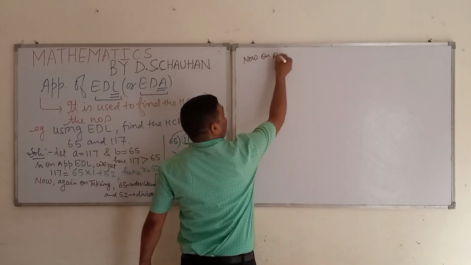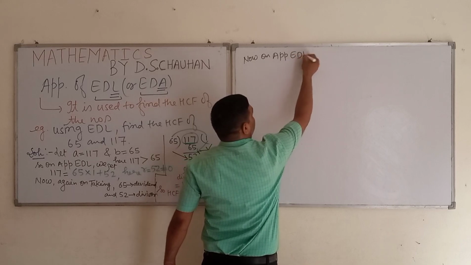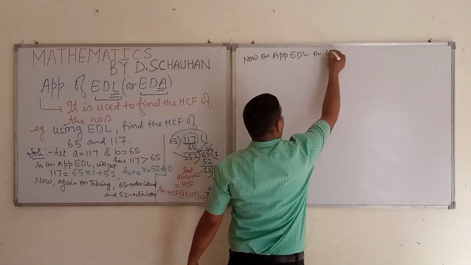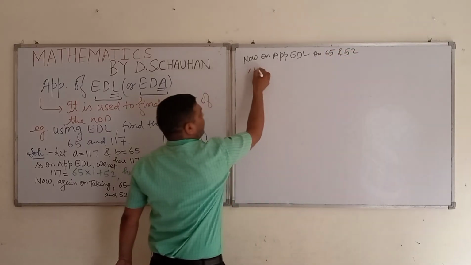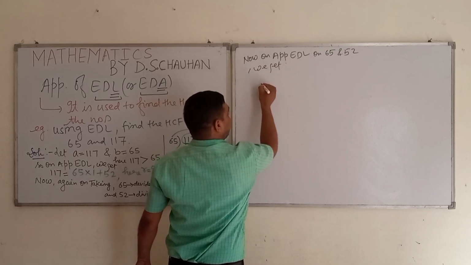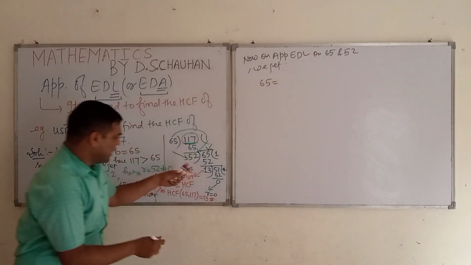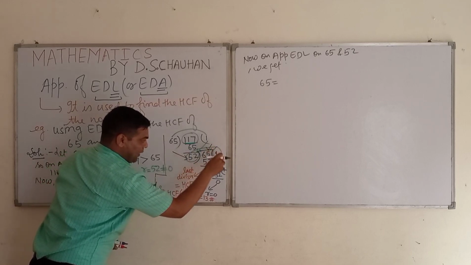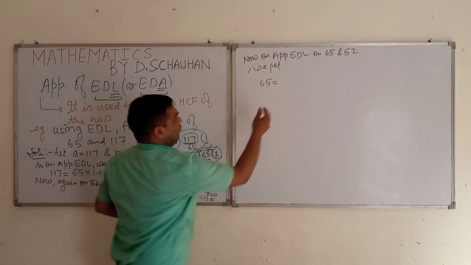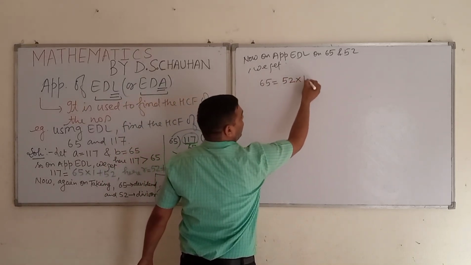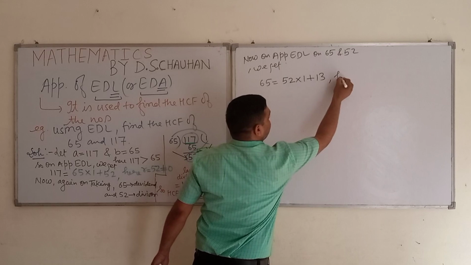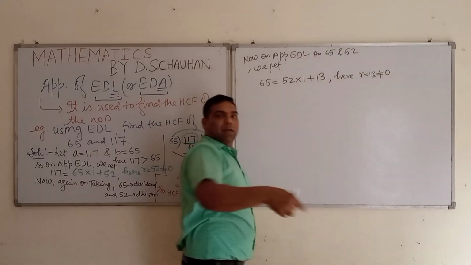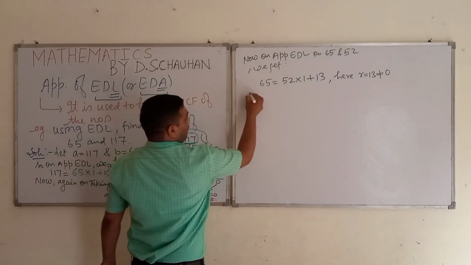On applying Euclid division lemma on 65 and 52, what do we get, student? Here 65 equals 52 into 1 plus 13. Here our remainder 13 is not equal to 0. So again the process will continue.